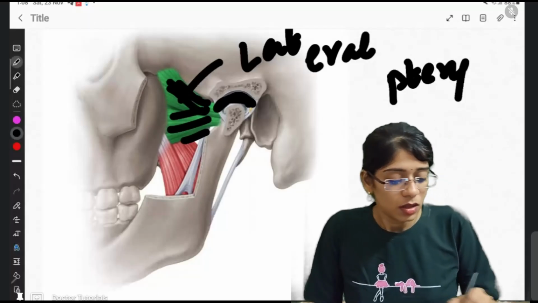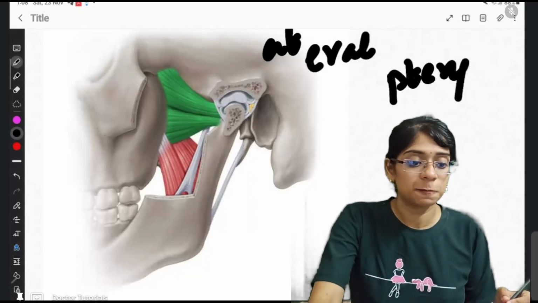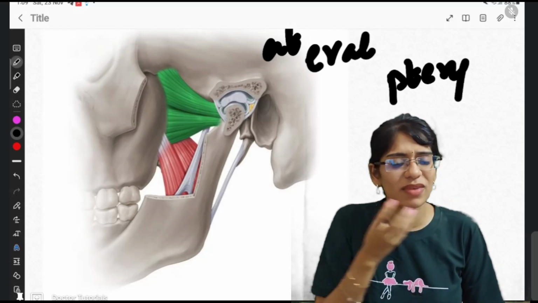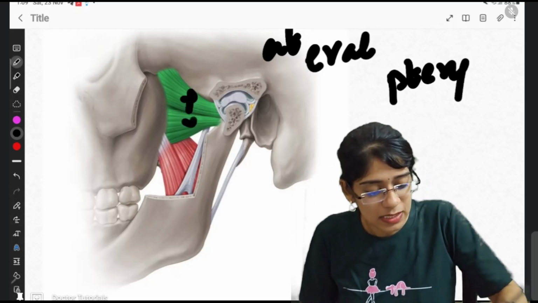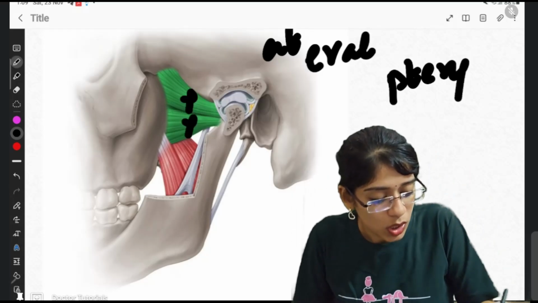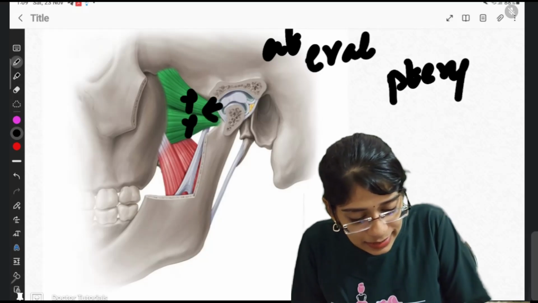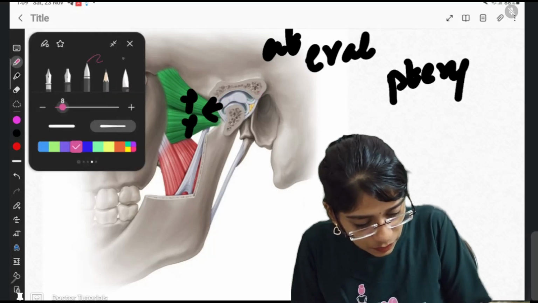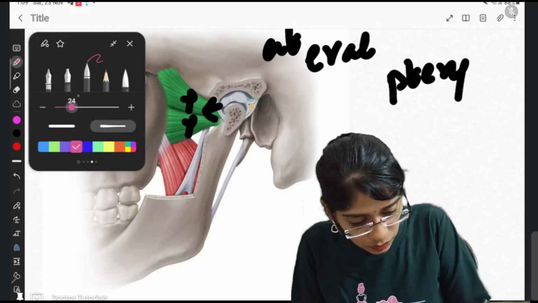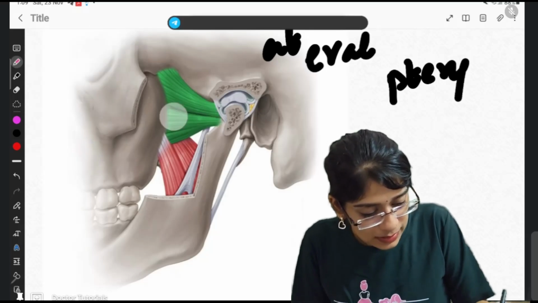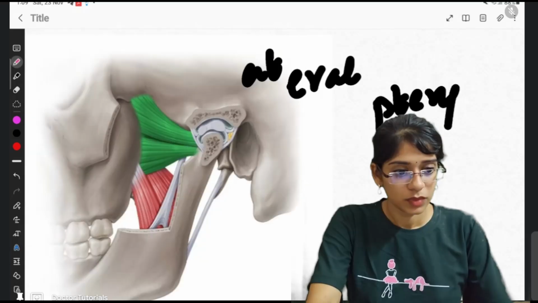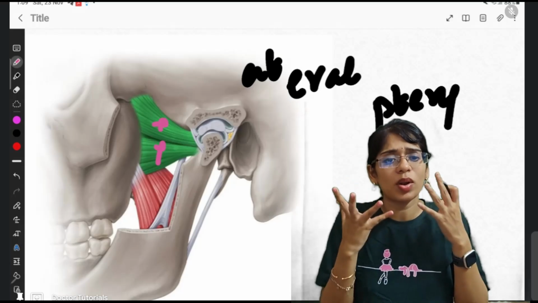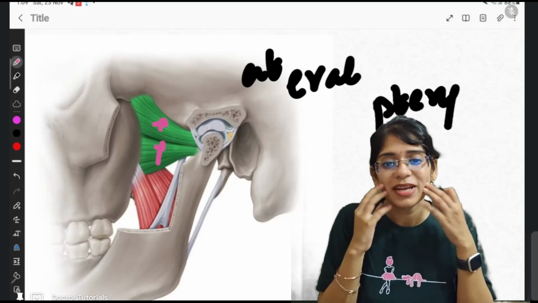Now, when the person is yawning, or whenever there is excessive tension in this muscle, what happens is this muscle can slightly dislodge the articular surface from this area. Suppose the person is yawning and there is more pressure in this muscle.